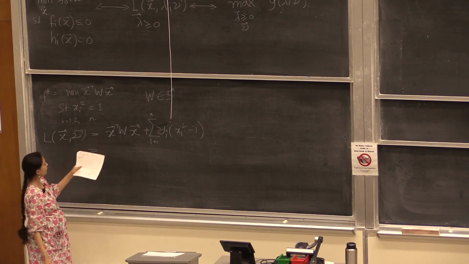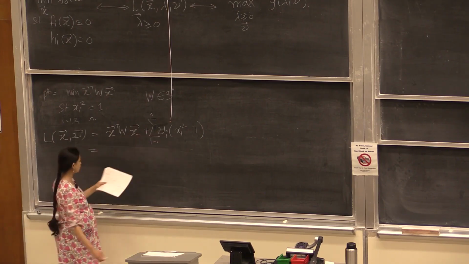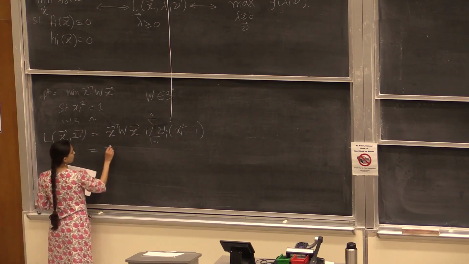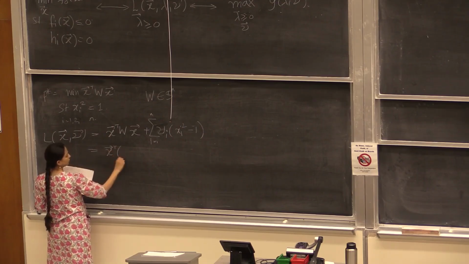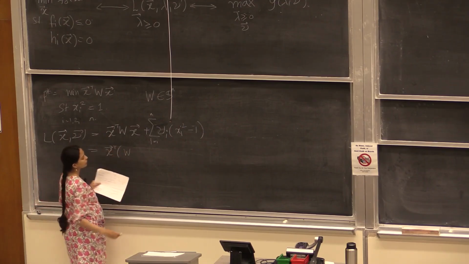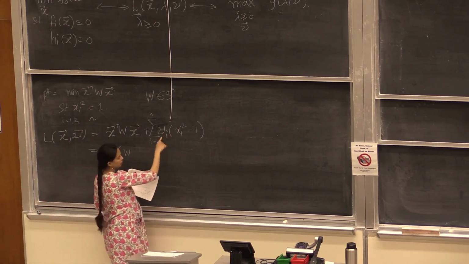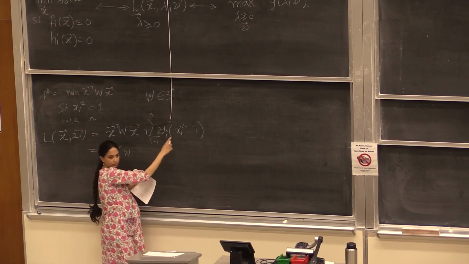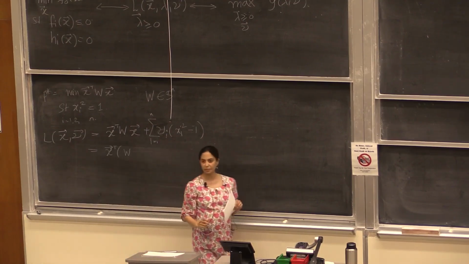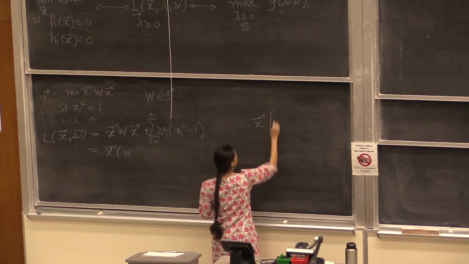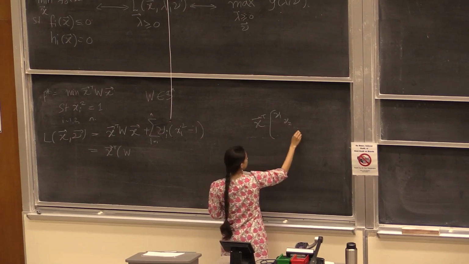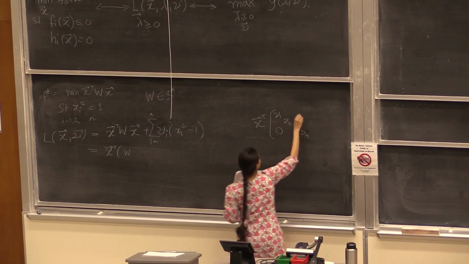So here I have a bunch of these terms. I can just rewrite this in the following form, right? I can write this as x transpose w. And if I look at these terms, nu_i x_i squared, can I write this as a matrix-vector product? What if I consider x transpose nu_1, nu_2, ..., nu_n?